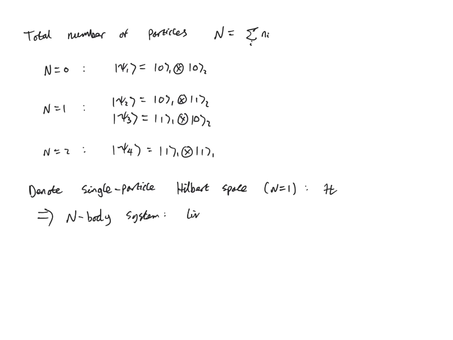this lives in a Hilbert space which is the product space of the single particle spaces. So h to the n means we have n copies of our single particle Hilbert space.